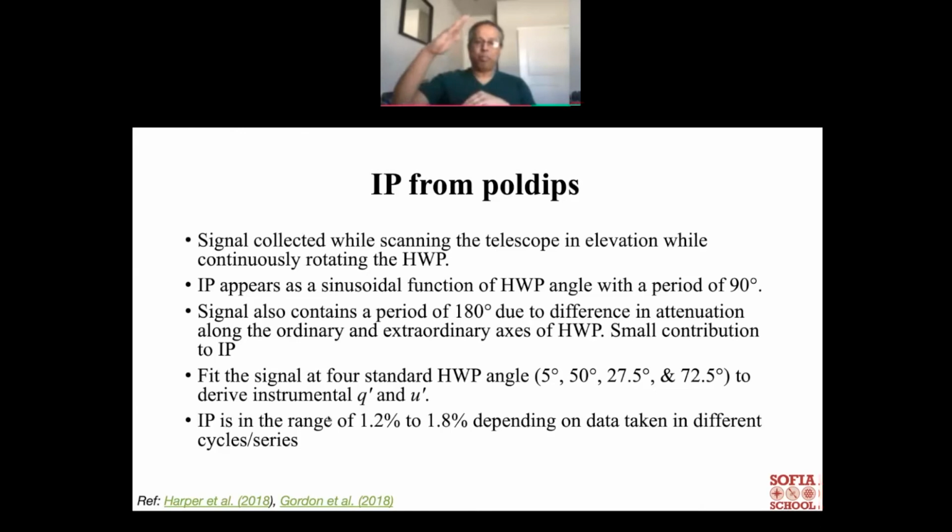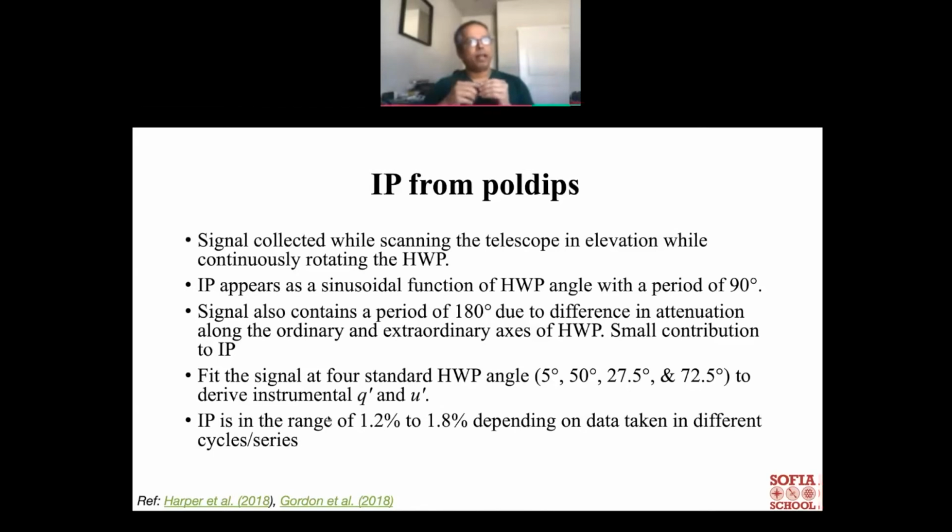These are basically, as I mentioned, move the telescope along the elevation angle, and when you're moving, you continuously rotate the half-wave plate angle. So the half-wave plate angle goes through four standard angles, and you collect the data continuously. Now, the signal that you measure on your detector is a combination of multiple things.